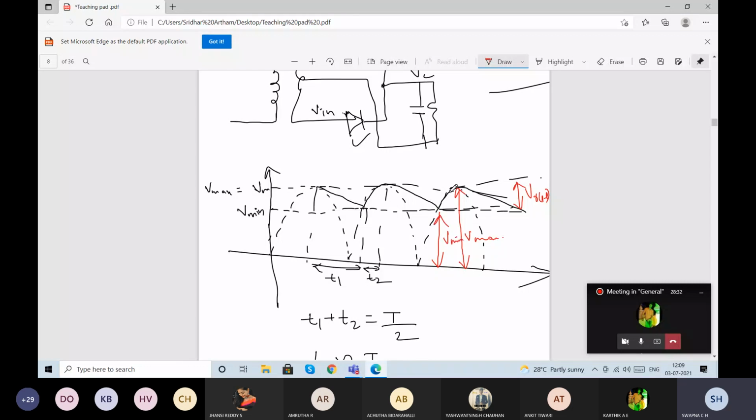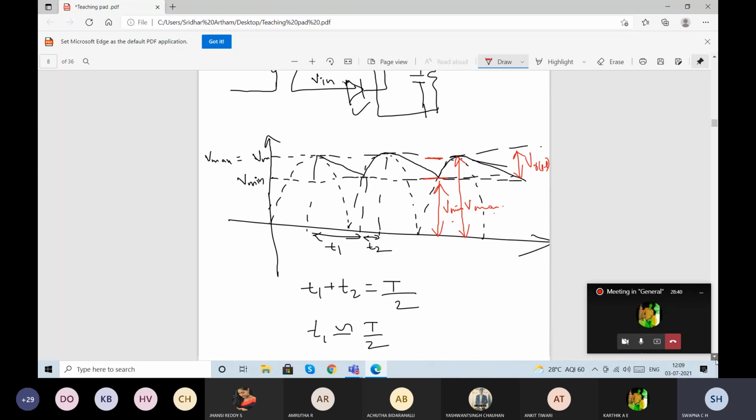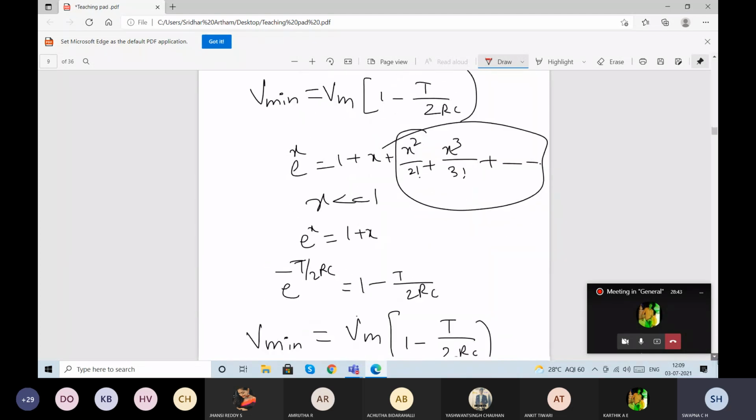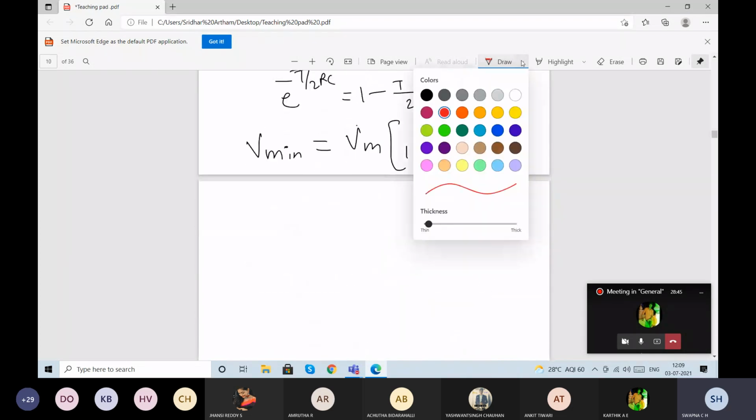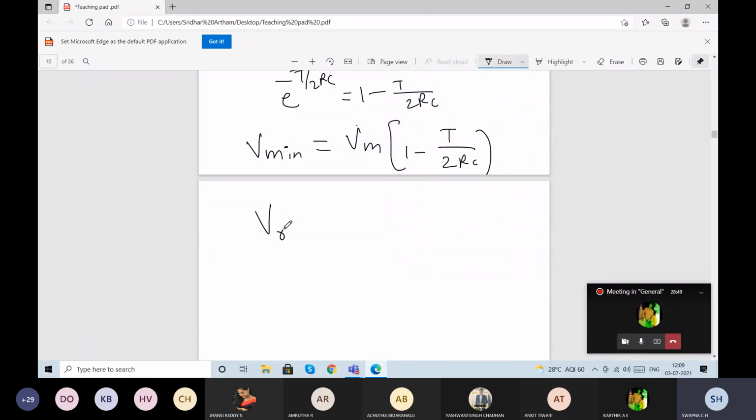So if I want this portion from here to here, I need to subtract V minimum from V maximum, so that we get VR peak to peak. Okay, so VR peak to peak is nothing but V maximum minus V minimum.